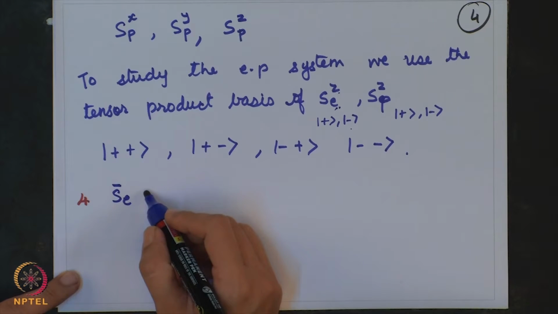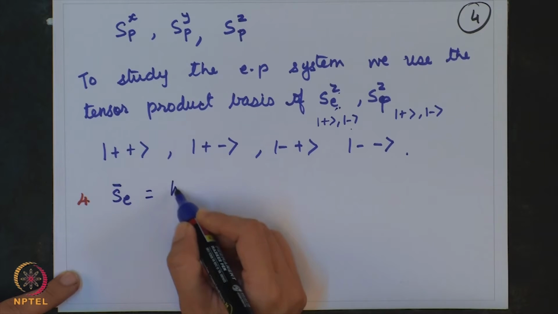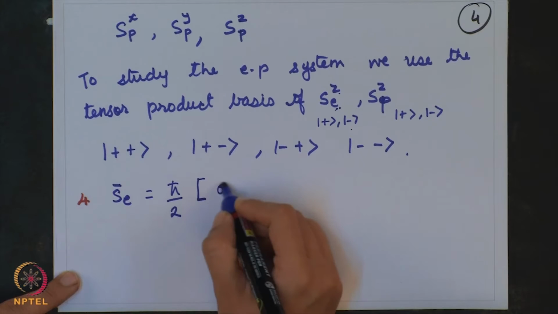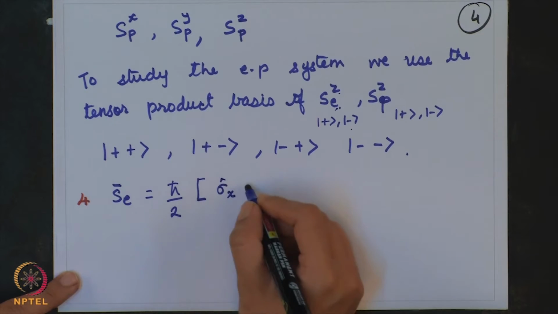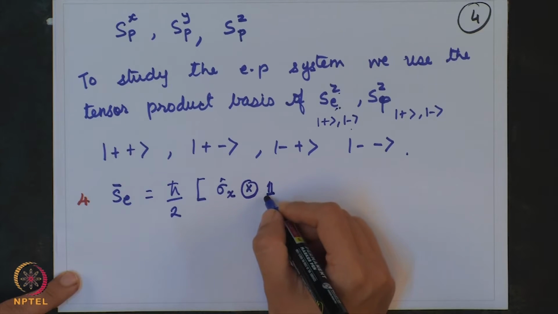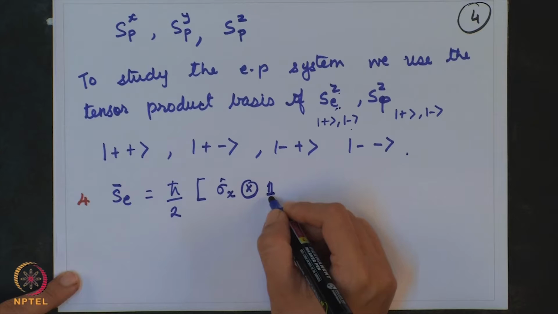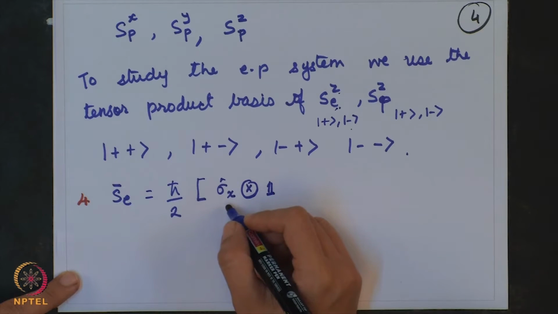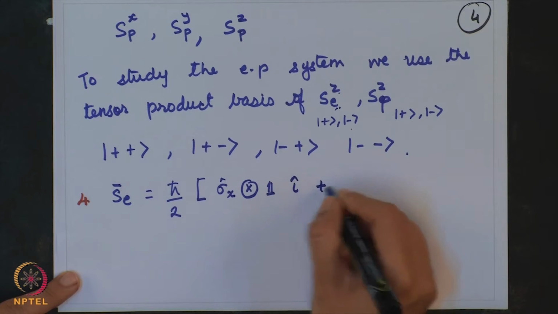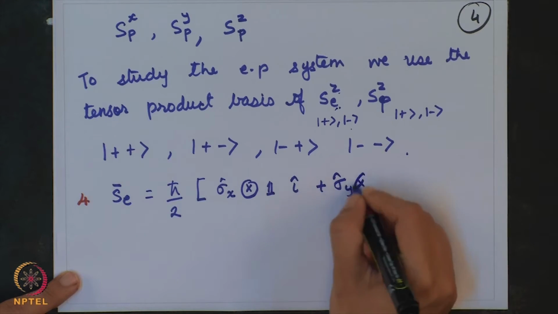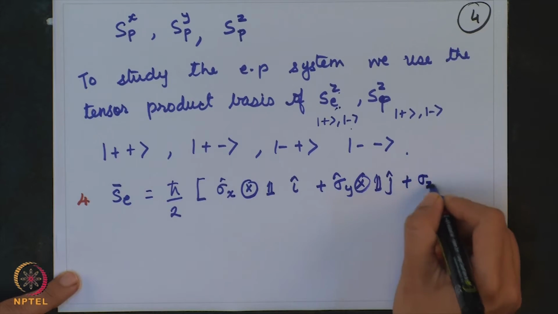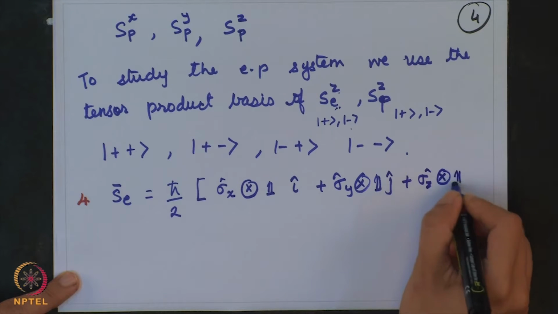So, SE will be a tensorial product, written as sigma x, where I is the identity operator or the identity matrix, sigma x we know is the Pauli matrix for the x component, i cap, plus sigma y j cap plus sigma z k cap.